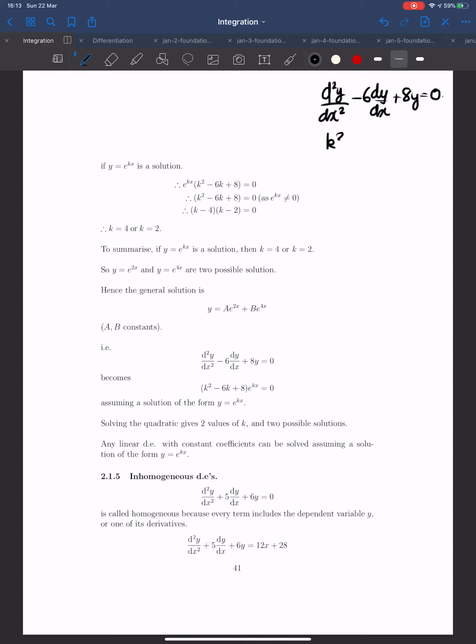You can say k squared minus 6k plus 8 equals 0. So it's k minus 4, k minus 2 is 0, so we've got k equals 4, k equals 2. So the solution is y equals A e to the 4x plus B e to the 2x.